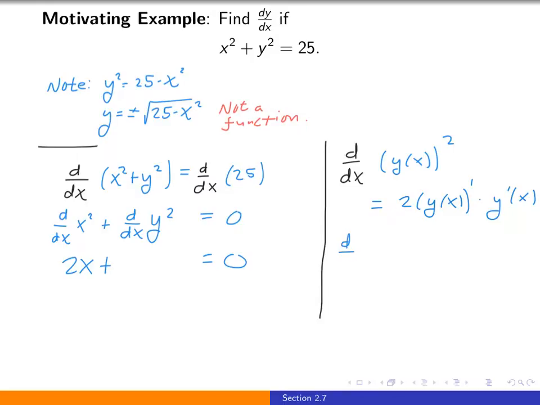So here we would note that the derivative of y squared, how you differentiate this from a very intuitive perspective, is because it's a derivative of y with respect to x, we differentiate that y squared exactly as we would like to by the power rule, 2y, and then by the chain rule, we multiply by dy dx.